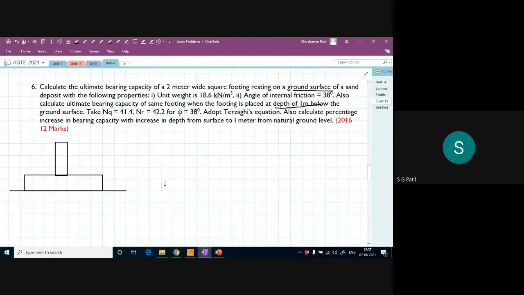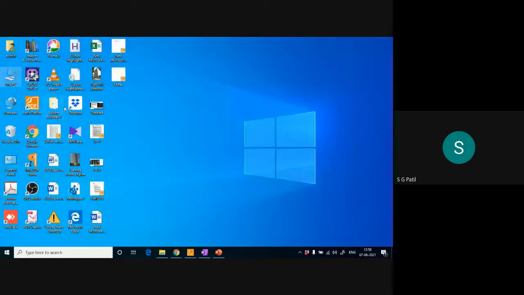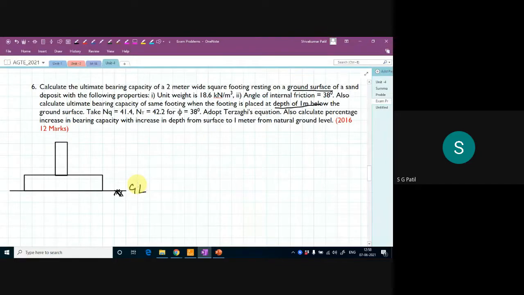Okay, so this is my ground level and this is my footing.